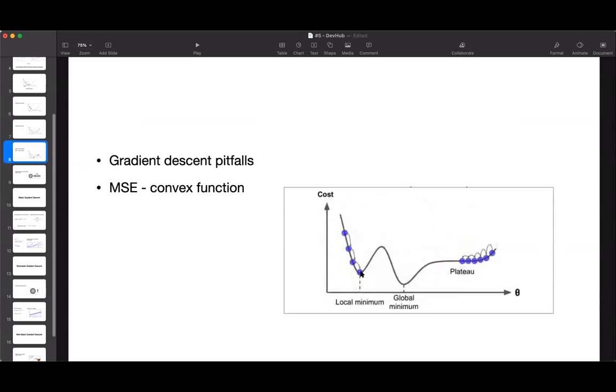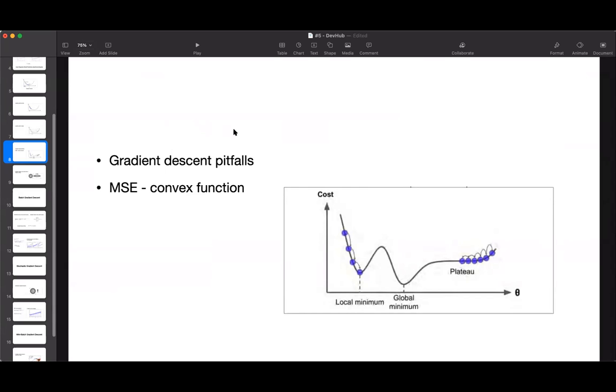See, once it reaches here, it is again moving around, it is not stopping here. So it would again descend and finally reach this global minimum. This is the benefit which SGD has. Stochastic gradient descent has a better chance of finding the global minimum than the batch gradient descent does.